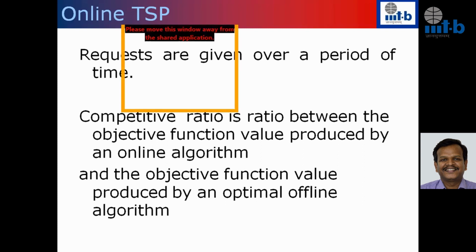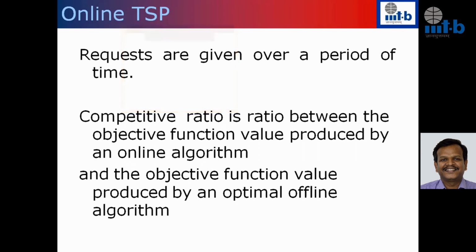So that is the last delivery time. The performance of the online algorithm is compared with the best known value, that is, the value produced by an optimum offline algorithm. So the performance of the online algorithm is always compared with the performance of an optimum offline algorithm.